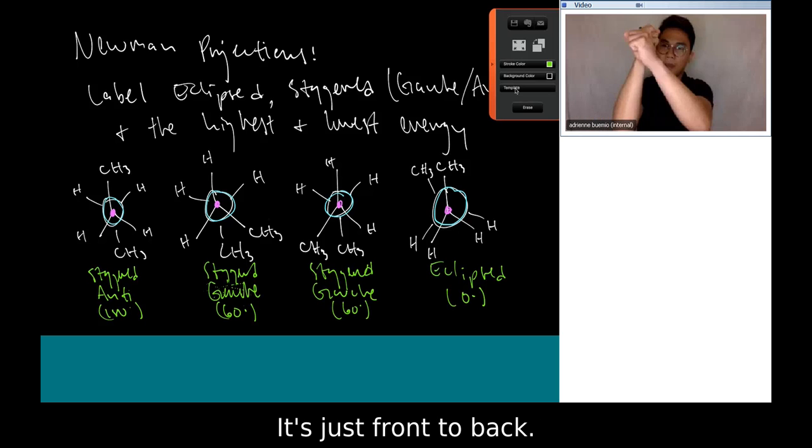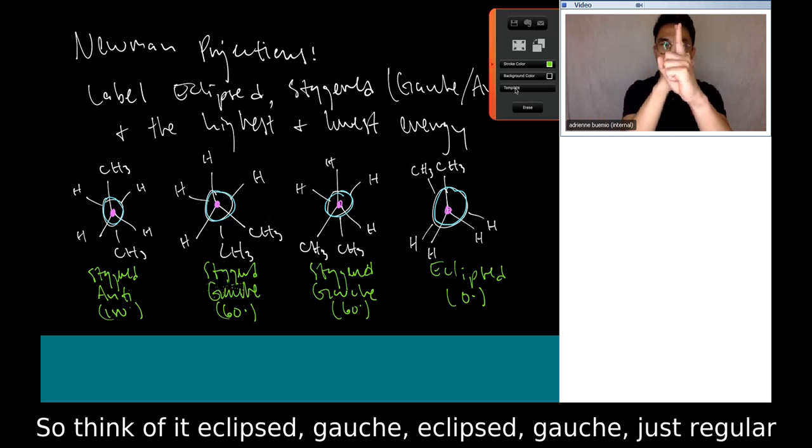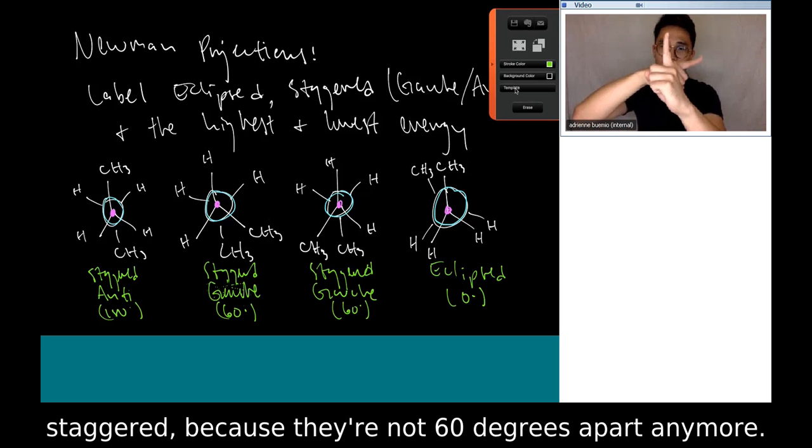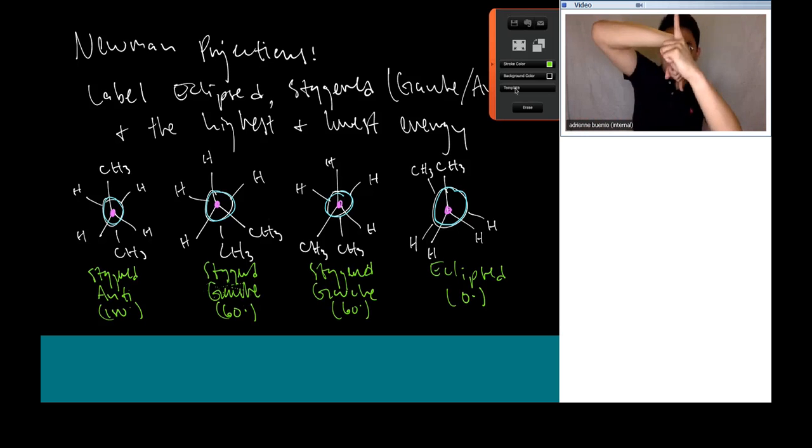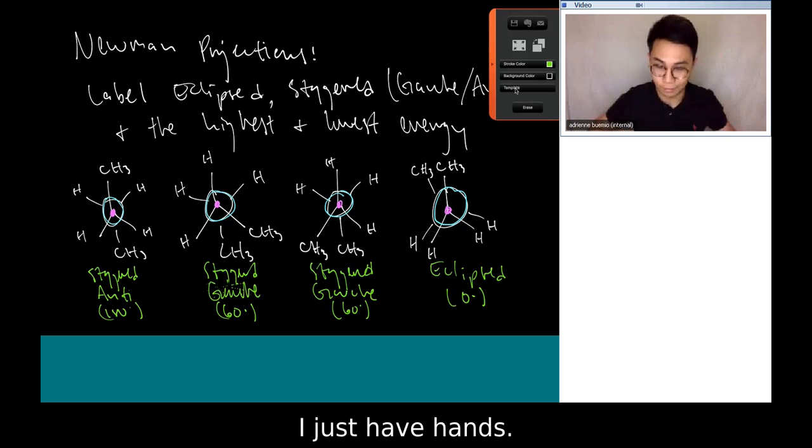It's just front to back, right? So think of it: eclipsed, gauche, and just regular staggered because they're not 60 degrees apart anymore. Just staggered, anti. Right? Oh gosh. Okay. So I don't have models. I just have hands.